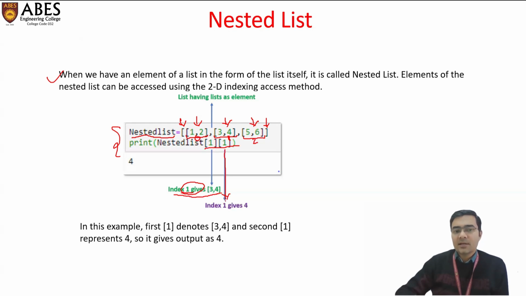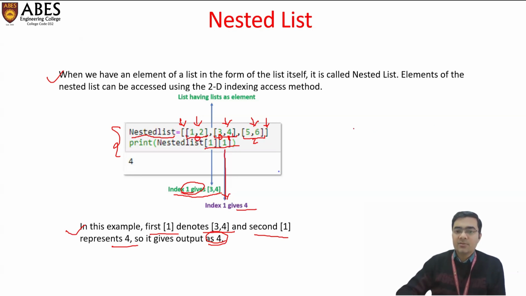The second index gives the sublist element. In the sublist having 3 and 4, this index is 0 and this index is 1. So in the sublist, index value 1 is 4. You can easily understand this: the first 1 denotes 3 and 4, the second element of the main list, and the second 1 represents 4, which gives the output 4. I think everyone understands this.